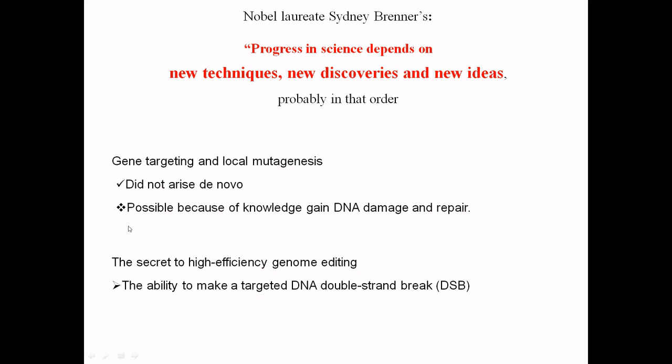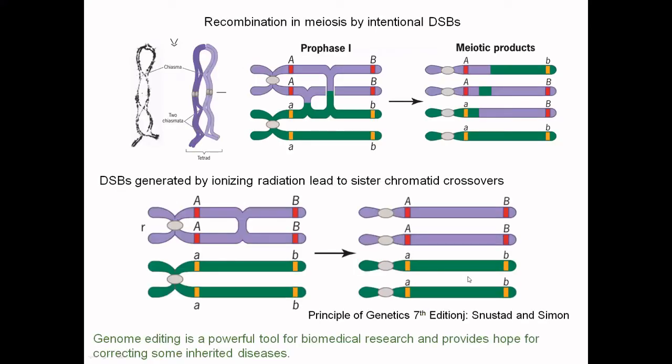So what is the secret of gene editing? It is a double stranded break. So from where do we get the idea of the double stranded break? All of us know meiosis, right? We all studied meiosis also.